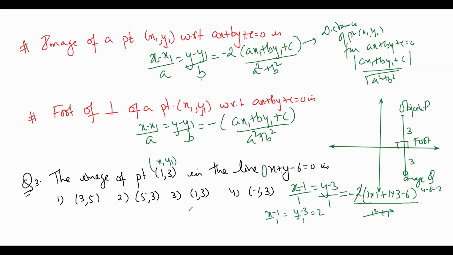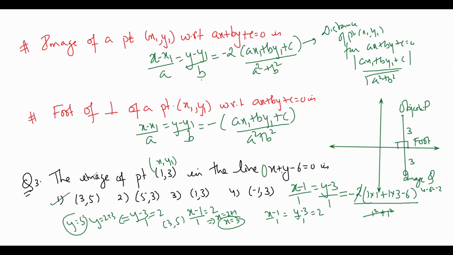Now just in order to find the x coordinate, write 2 on the right hand side, and x equal to 2 plus 1, so x is equal to 3. And for the y coordinate, (y minus 3) upon 1 is equal to 2, so y is equal to 2 plus 3, so y comes out to be 5. So my image comes out to be (3, 5). That is my first option.